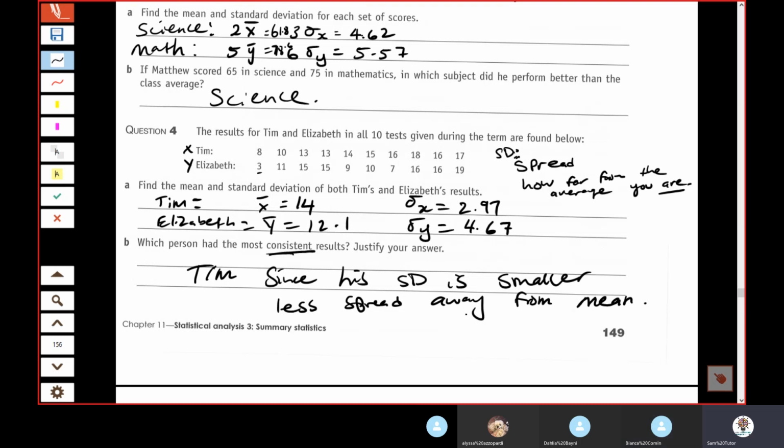Does that make sense? I can almost say this with 100% certainty, it will be in your exam. 100% will be in your exam.